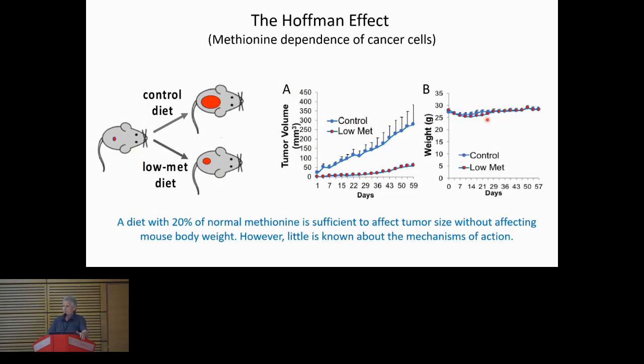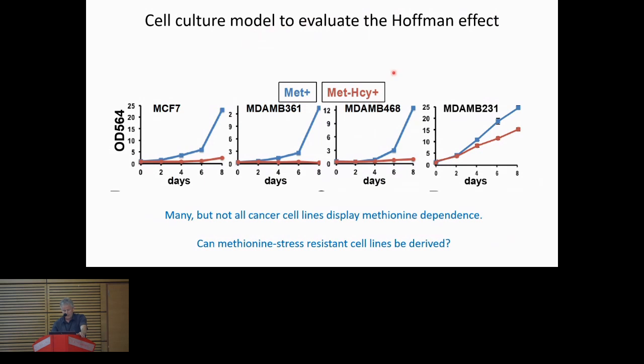So what do we do from this point? How do we study this? Of course we go into cell lines. When you take many different cancer cell lines, here's a series of breast cancer cell lines, but you can take colon cancer cell lines, glioblastoma cell lines, et cetera, and you grow them in a dish, either in the presence of methionine or at starvation conditions, you can see that in the presence of methionine, you get proliferation, whereas in the absence of methionine, they do not proliferate as well.